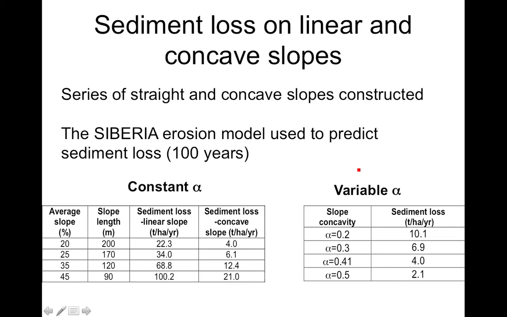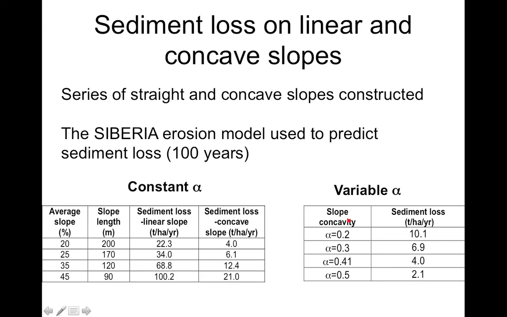On the other hand, with a variable alpha, constant slope length, right, we had alpha equal to 0.2, the sediment loss, these are all concave slopes. We can see that as the concavity increased from 0.2 up to 0.5, our sediment transport rates all decreased.